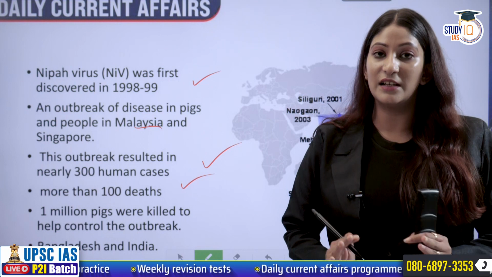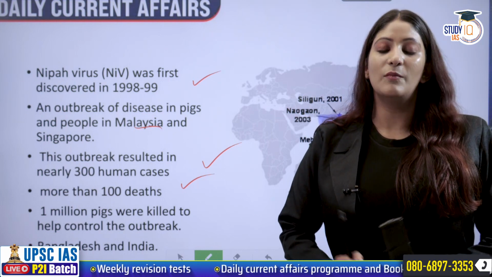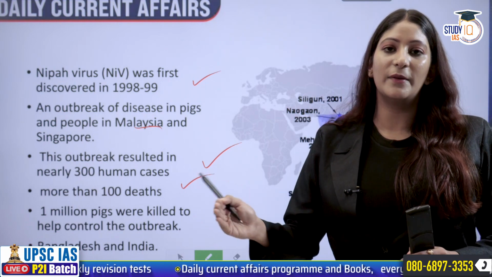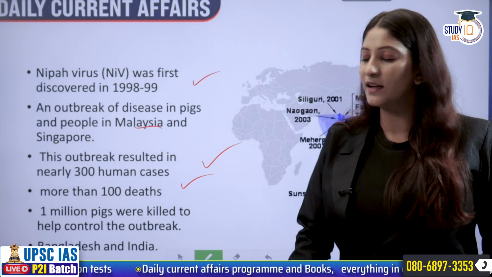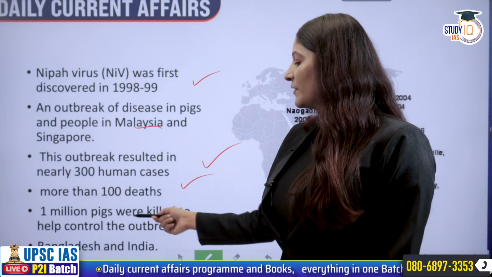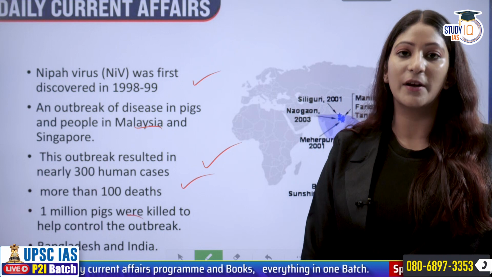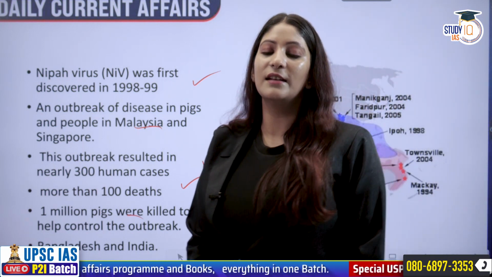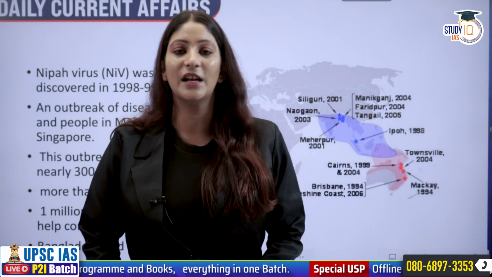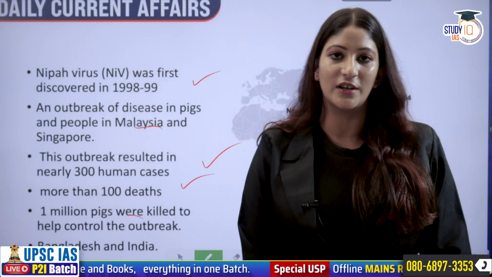So the case fatality ratio is very high. The more people are infected, the more deaths we are registering. 1 million pigs were also killed in order to help control the outbreak. Since then, countries in Southeast Asia, specifically Bangladesh and India, have been registering cases.